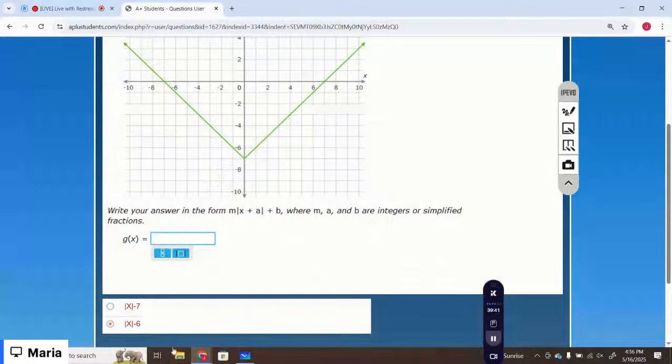That is g of x equals absolute value of x minus 6. So option number two is the correct option.